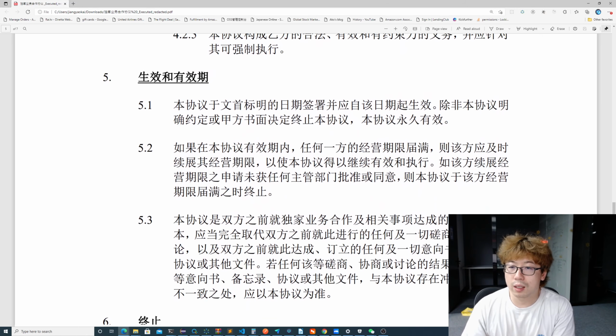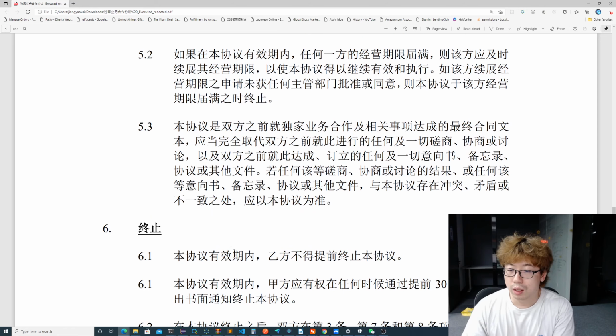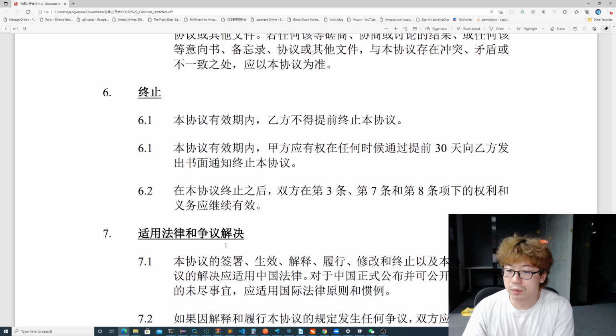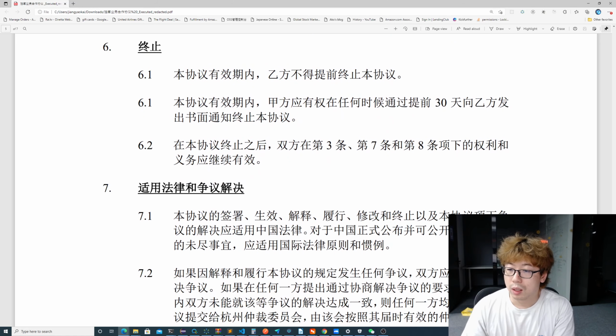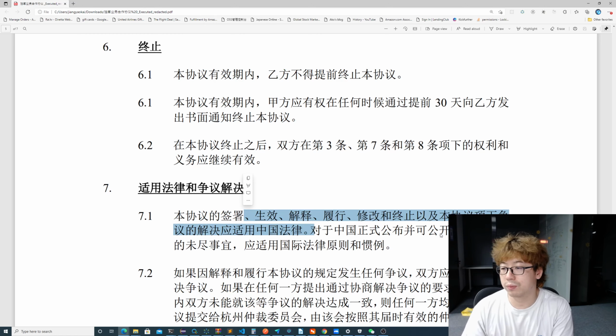And in the end, the last thing here is that the signing, going into effect, interpretation, execution, modification, and termination of this contract is governed by Chinese law.